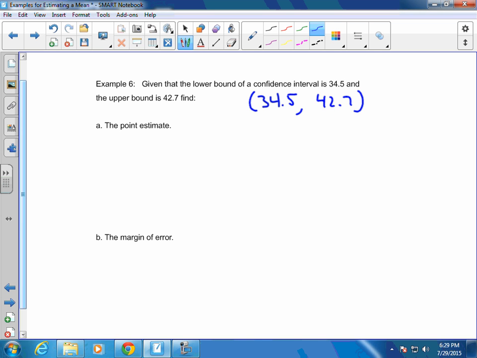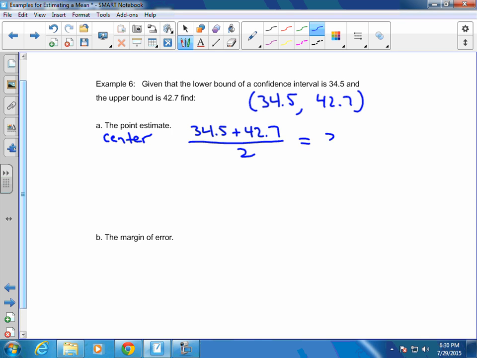Keep in mind a confidence interval is centered at the point estimate, and then it goes one margin of error above, one margin of error below. The point estimate will be the center of the confidence interval. So let's just take the average of the two endpoints. The average of the two endpoints will be our point estimate.